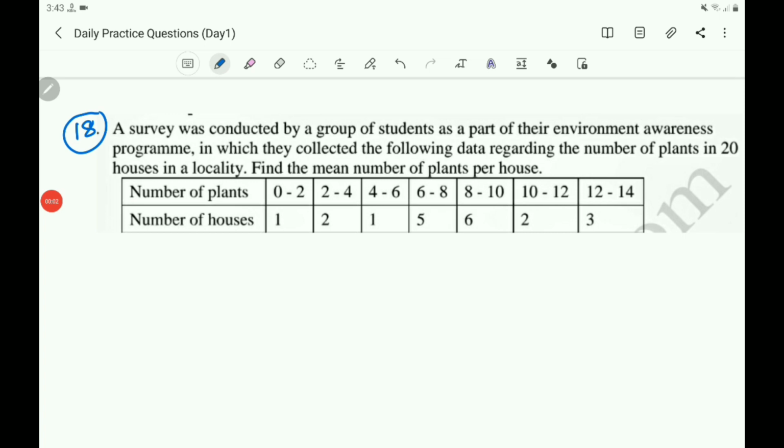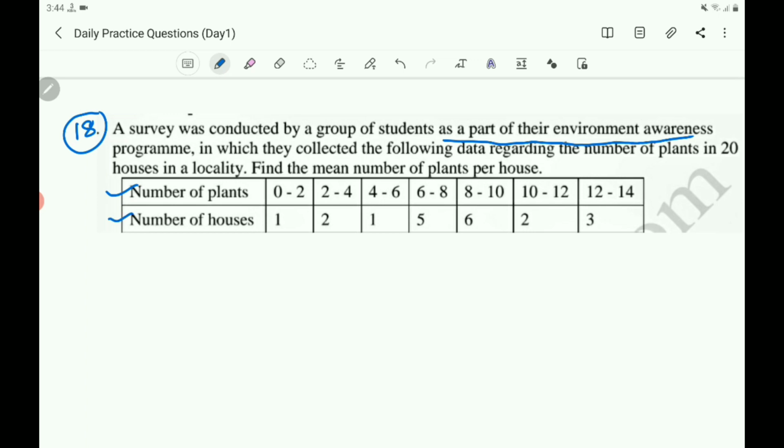Now the question number 18. A survey was conducted by a group of students as a part of their environment awareness program, in which they collected the following data regarding the number of plants in 20 houses in a locality. Find the mean number of plants per house. Number of plants in terms of class intervals are given: 0-2, 2-4, 4-6, 6-8, 8-10, 10-12, 12-14 with the same width.